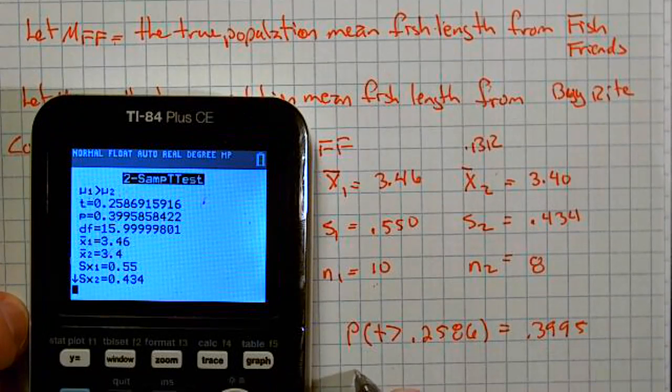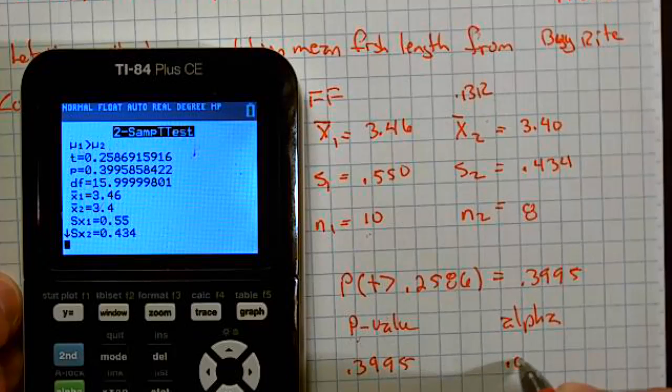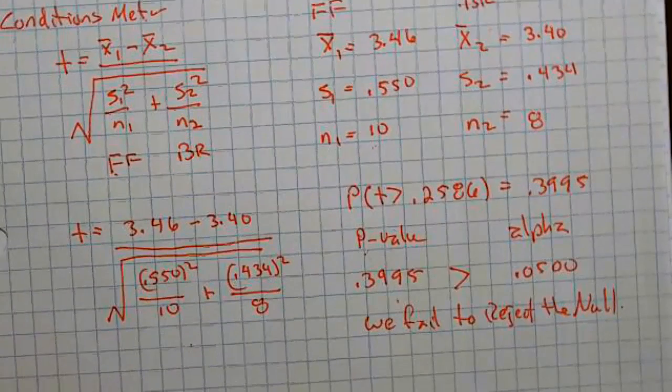That's our p-value. Our alpha, let's just say, is 0.05 because they didn't give it to us. Well, the p-value is greater, and anytime our p-value is greater, we fail to reject the null. So our decision is we fail to reject the null.